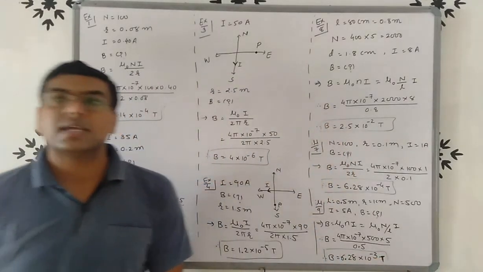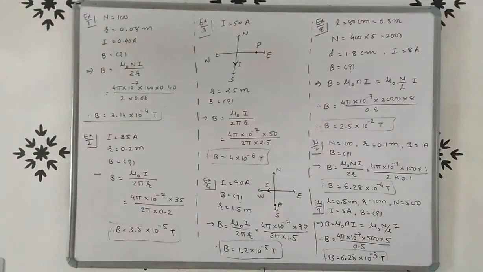So again, a very easy example. We have to find the magnitude of magnetic field inside the solenoid. We already know the formula for solenoid, B equals mu 0 n I, but small n is the number of turns per unit length. So small n equals capital N upon L, right?